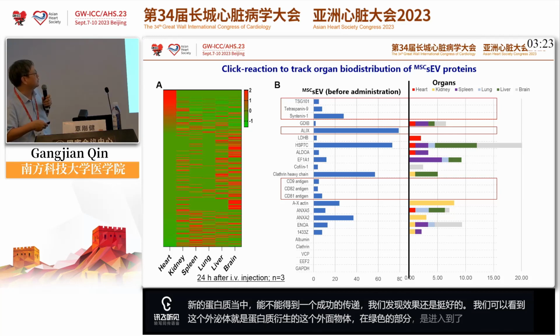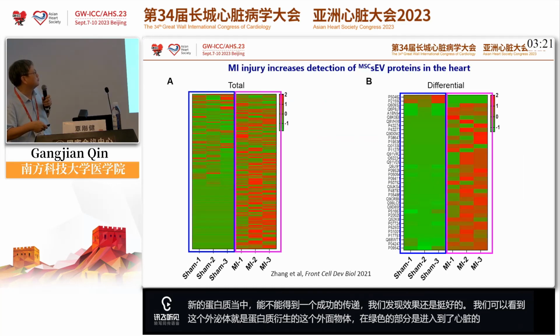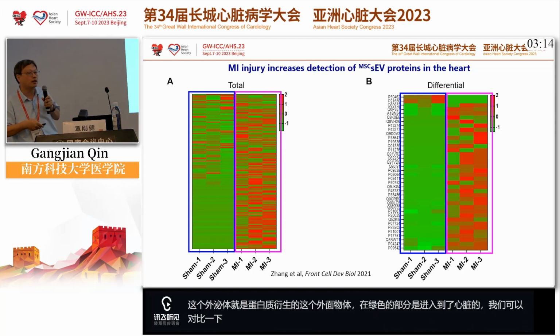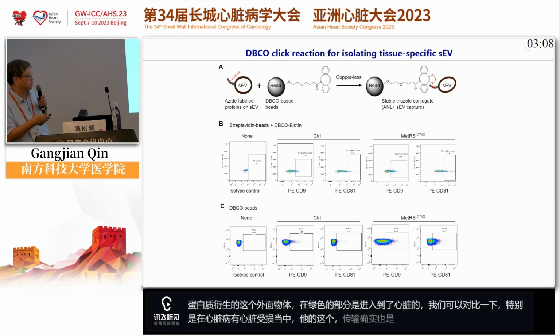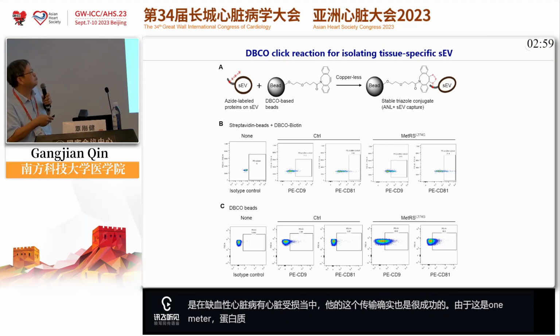and we can also compare, and we showed that after ischemic injury, much more exosome protein got into the heart. So it's the injury. Now, because of this labeling of exosome protein, we are developing an affinity, click-reaction-based method to isolate tissue-specific exosomes, and we have some preliminary success.